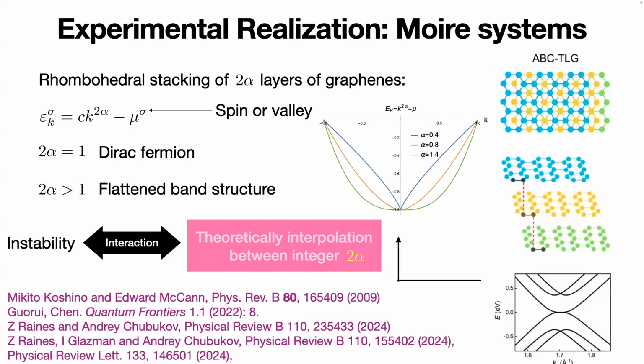But theoretically, in order to study the effect of this higher power dispersion, we can interpolate between integers to alpha. We choose any real number for this exponent to study the interaction effect, especially the interaction-induced instability of the Fermi liquid phase.